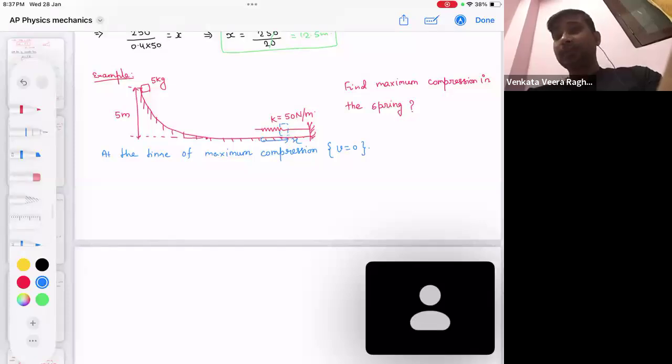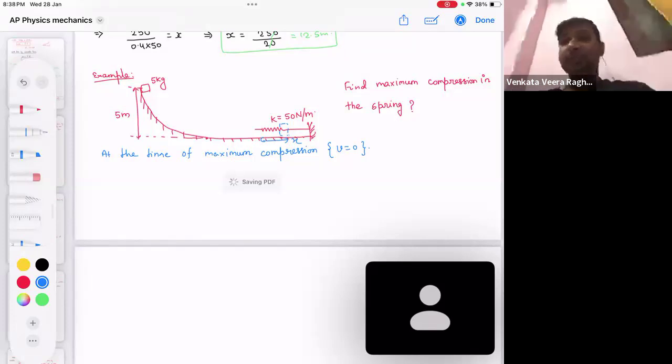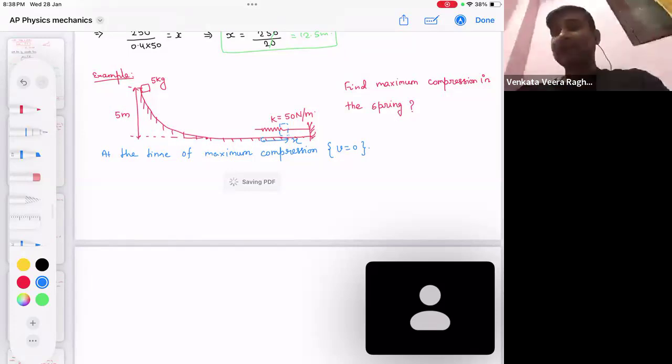Now, if you write the final kinetic energy, because it's a maximum compression I am calculating, at the time of maximum compression the velocity is zero, which means the kinetic energy is zero. So if I write the work energy theorem here, the final kinetic energy is zero, the initial kinetic energy is zero, and the work is done by normal, gravity, and spring.